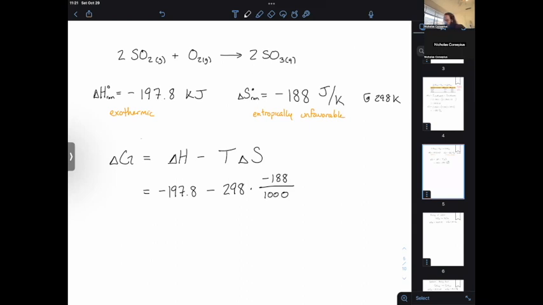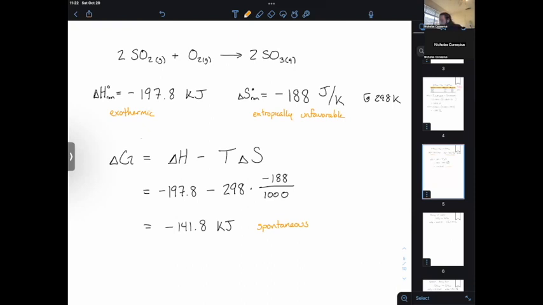And so if we do this, we can calculate the delta G for this reaction as negative 141.8 kilojoules. Okay, and so we can see that at 298 Kelvin, this reaction has a negative delta G, and thus we can say it's spontaneous.